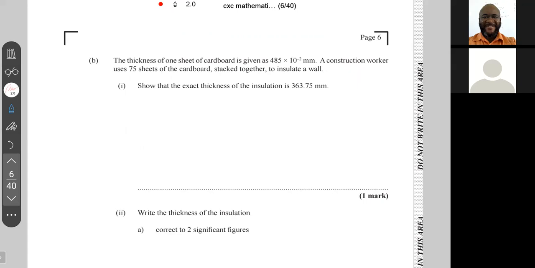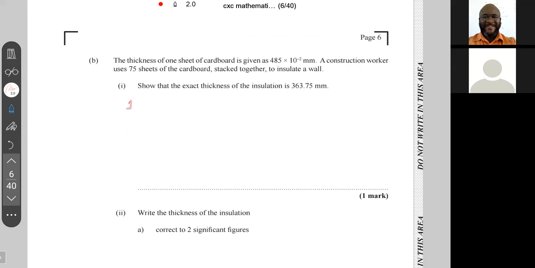Show that the exact thickness of the insulation is 363.75 millimeters.